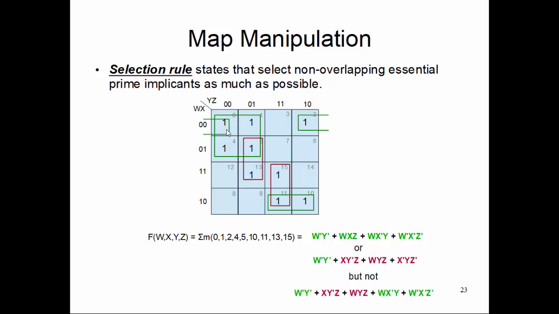But the last one will definitely give us more terms, which is not the most reduced form. So that is one thing you need to understand and apply: the selection rule, whenever it is applicable.